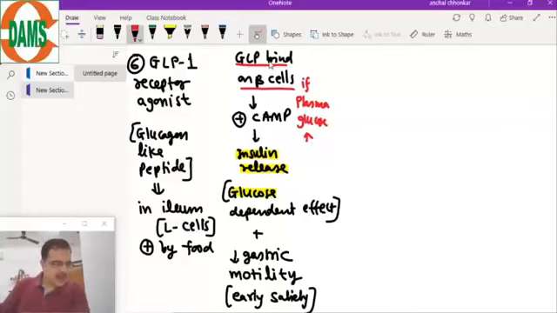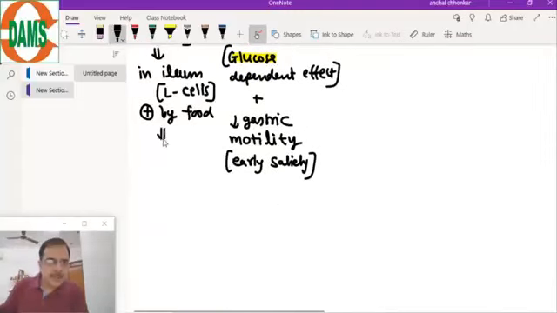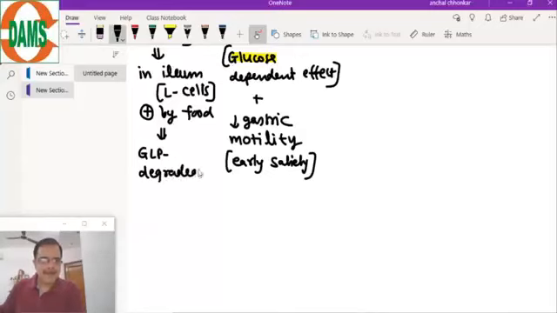Now coming to the GLP molecules, they are degraded by DPP4 enzyme in the blood.